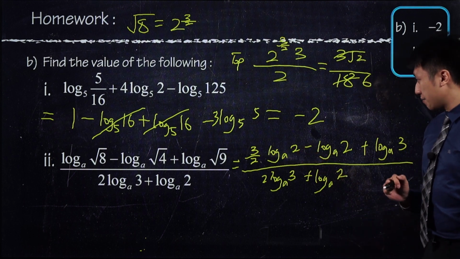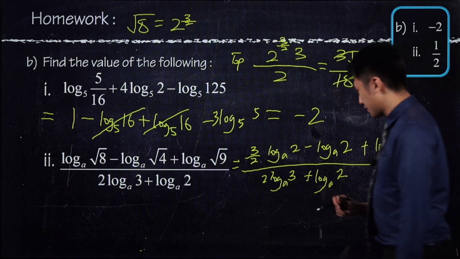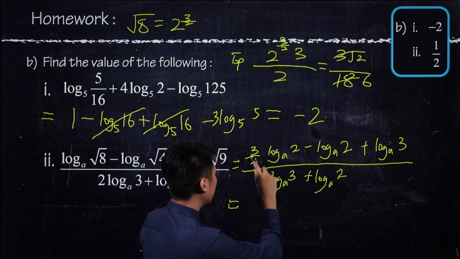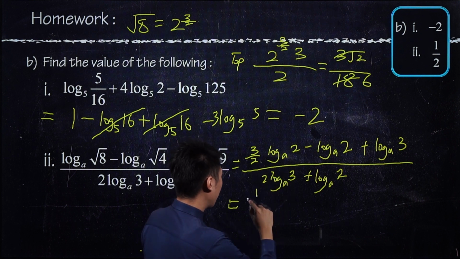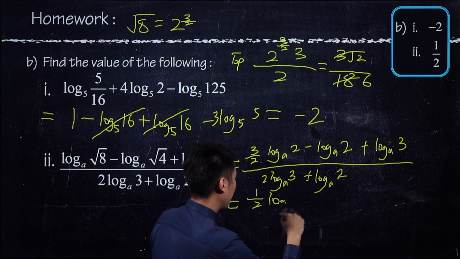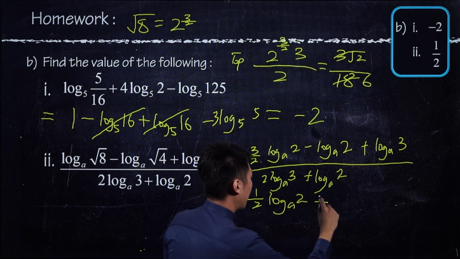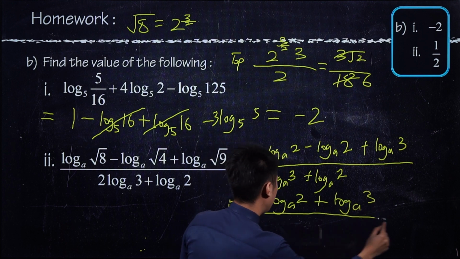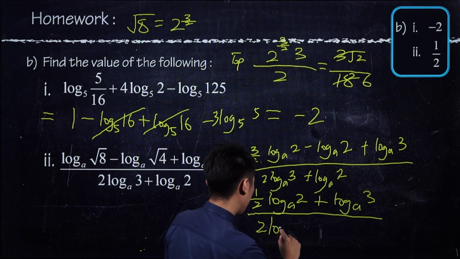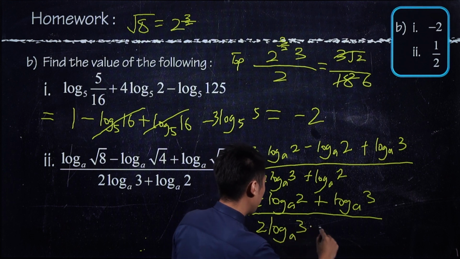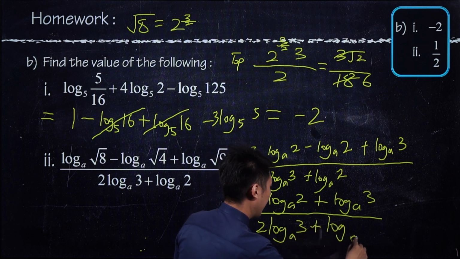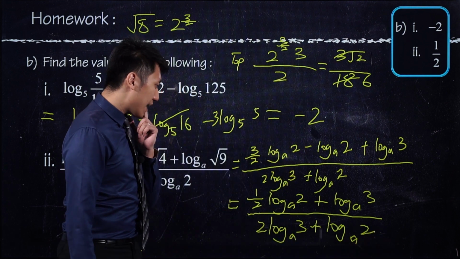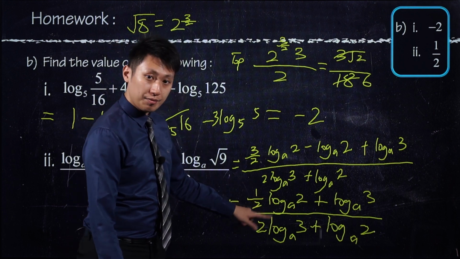Okay, so it's a little bit difficult here, so I just write down: 1 over 2 log a 2 plus log a 3 divided by 2 log a 3 plus log a 2.